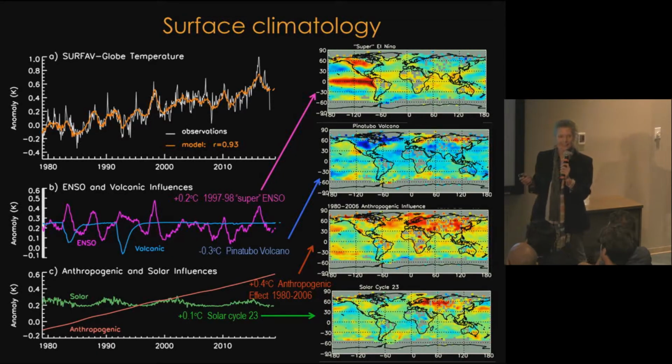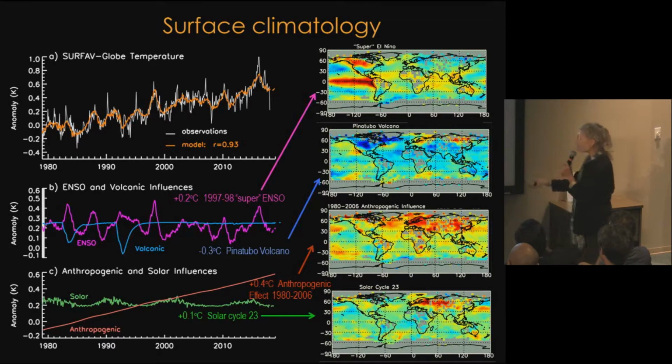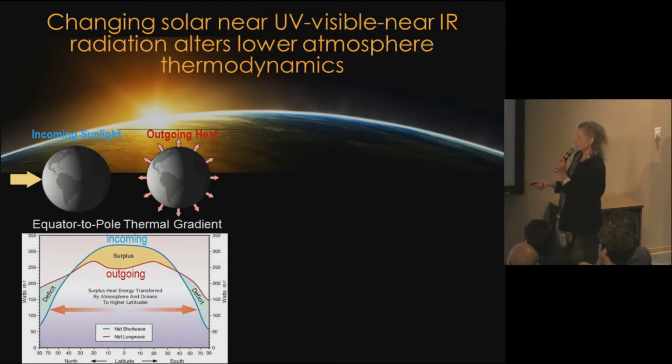The reason for that is because the radiation heats the surface and the land differentially, and it drives dynamical motions that produce these patterns that are not a direct response to the radiation. So just to explain that a bit more, the sun's energy comes in primarily at low latitudes, and so this is the gradient from low latitudes to high latitudes due to the radiation.